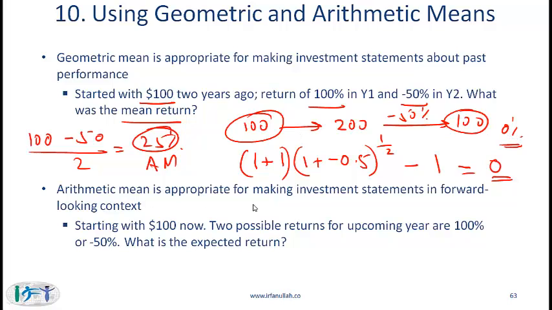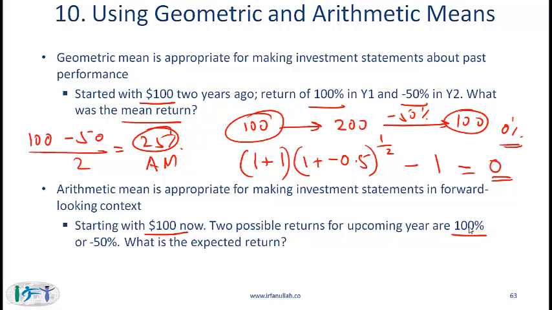An arithmetic mean is appropriate for making investment statements in a forward-looking context. If you have $100 now and the two possible returns for the upcoming year are a 100% gain or a minus 50% loss, what is the expected value?